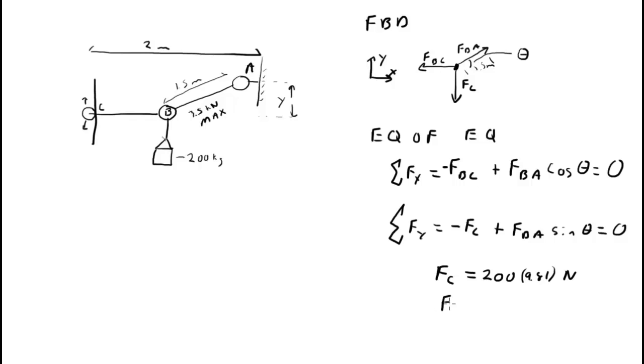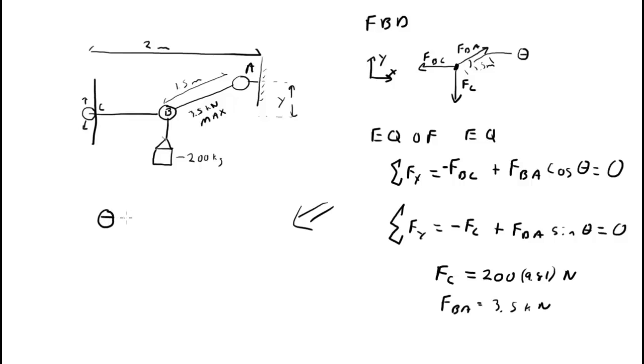So let's set FBA to that 3.5 kilonewtons. If you plug this information, which is in essence 2 other equations, into these equations, you can solve them. I'll leave that to you to do.